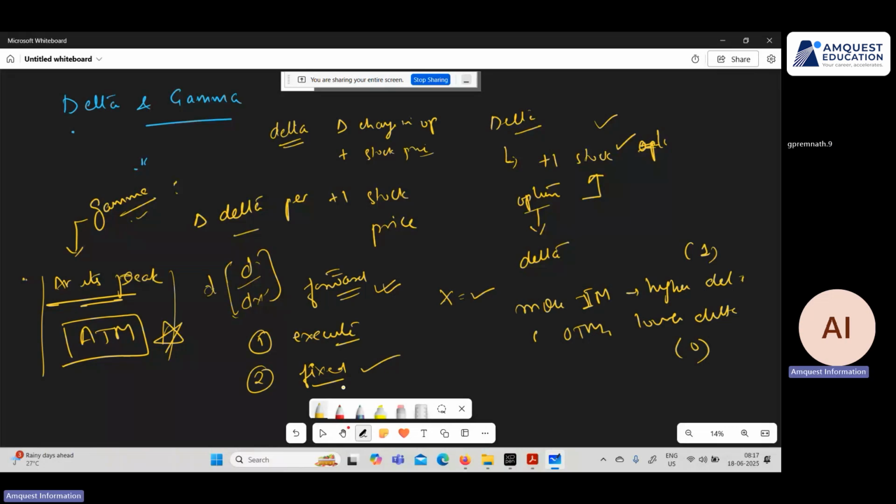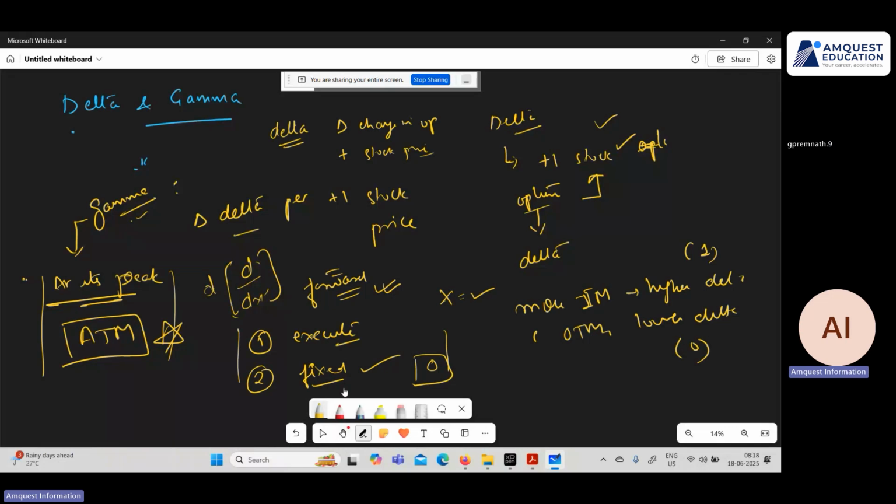And if in a forward contract, when you go long and short, irrespective of where the market moves, your price is fixed, it means that your delta is zero. You agree? Okay.